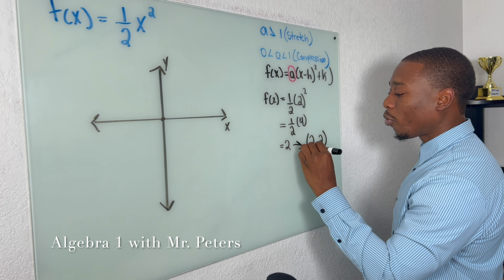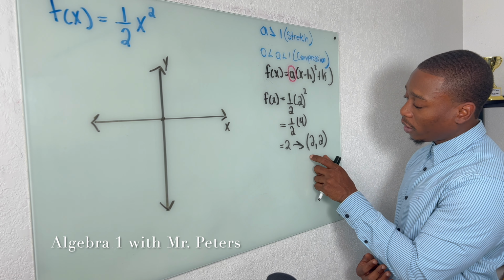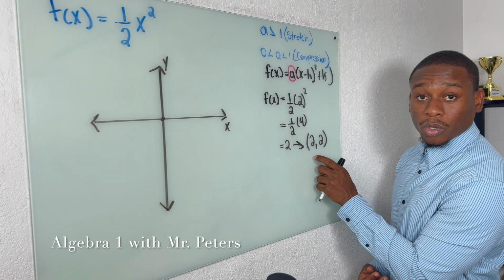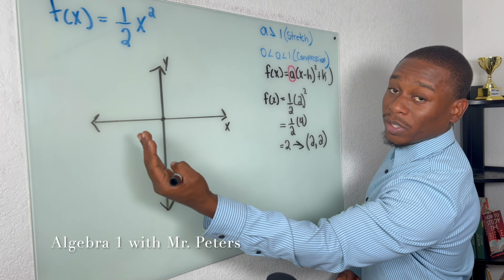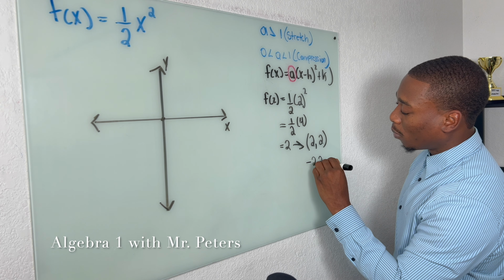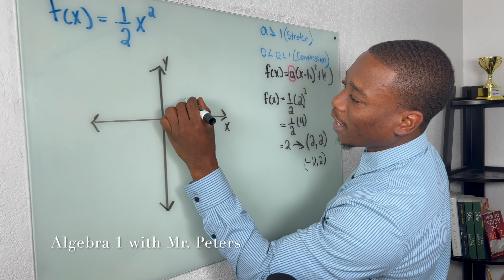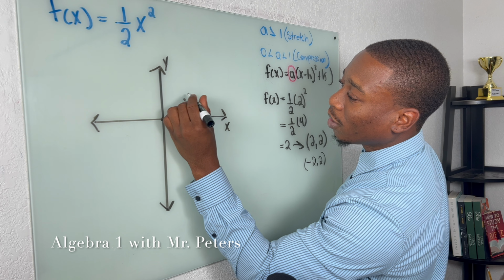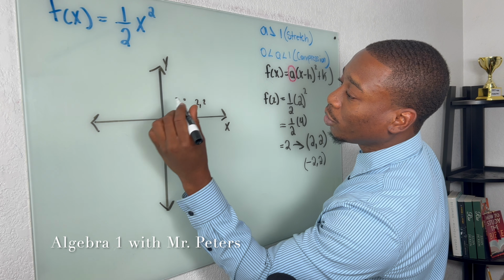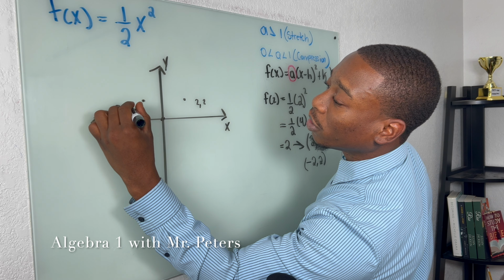And when we remember how the axis of symmetry works with quadratics, there is another point that is going to be identical to this on the opposite side of the axis of symmetry, which will be negative 2 comma 2. So when we look at this right here, guys, let's just estimate, right? We could say this is 2 comma 2, and there's an adjacent one, negative 2 comma 2.